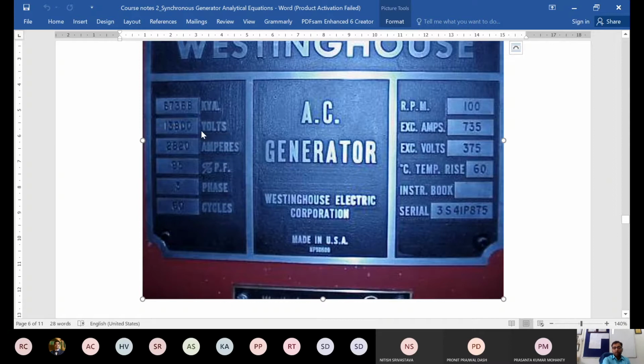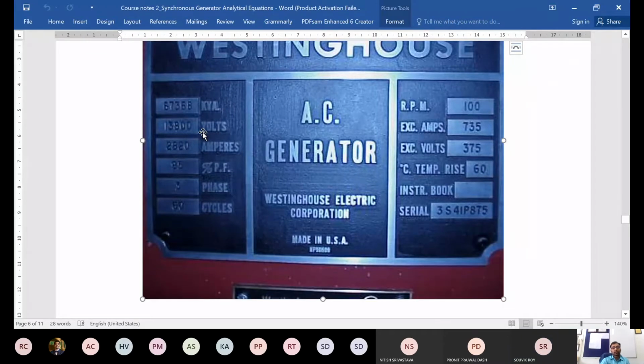Any idea how much the transmission voltage is? Yes, anyone? 220 kV, 440 kV, and extra high voltage is 765 kV. Right. So usually 220 kV, 400 kV, or 765 kV.